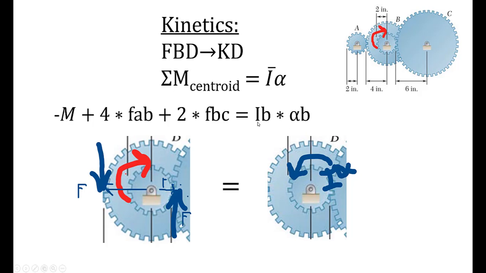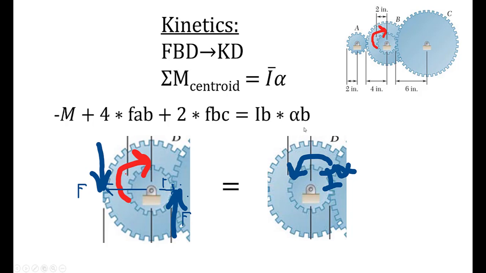And again, on the right-hand side for I alpha, I'm always going to make this positive. Even though this gear is rotating in the negative direction, I'm going to write the equation in the positive direction. And when I solve these 5 equations, 5 unknowns, alpha will come out negative, and this term will come out going in the right direction, the negative clockwise direction.